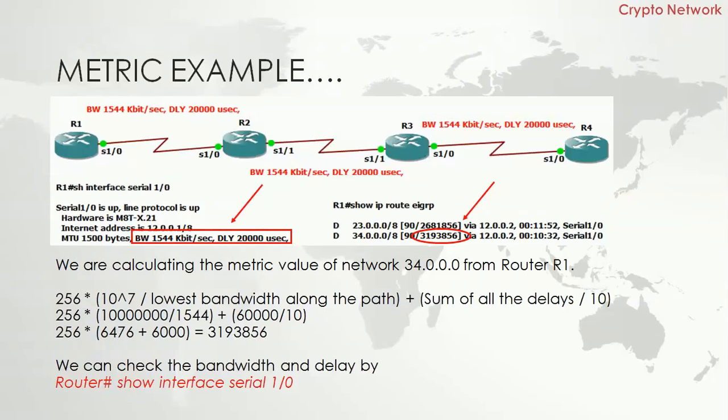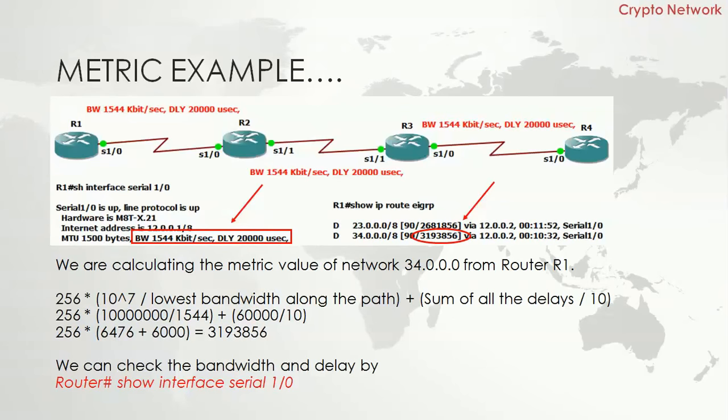And here on router 1 we have show interface serial 1/0. So the bandwidth is 1544 kilobits per second, and delay is 20,000. All right. So let us calculate and verify.